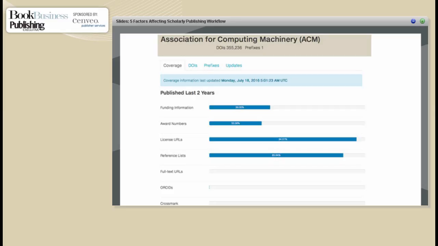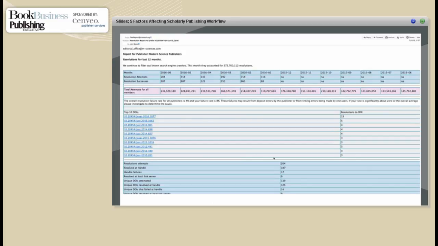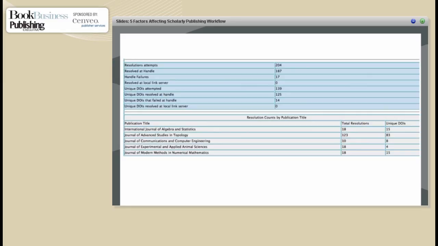We issue reports to our members all the time indicating how many resolutions their DOIs have received, and we break down their resolutions by the journal title that they publish. So there's a lot of metadata, there's a lot of information around these systems now that is flowing back and forth between publishers and service providers that requires someone paying attention to it.